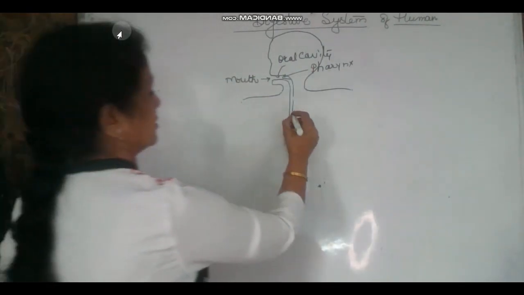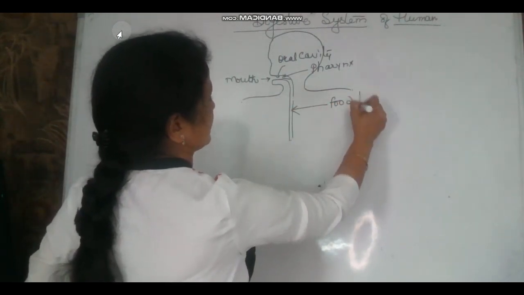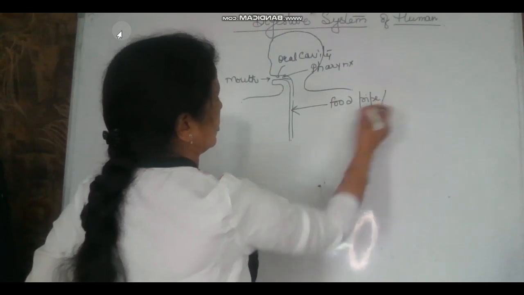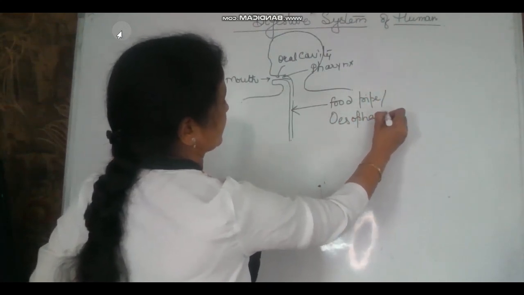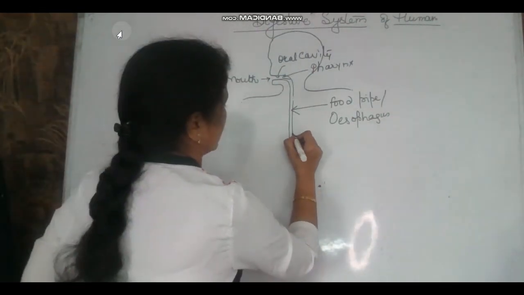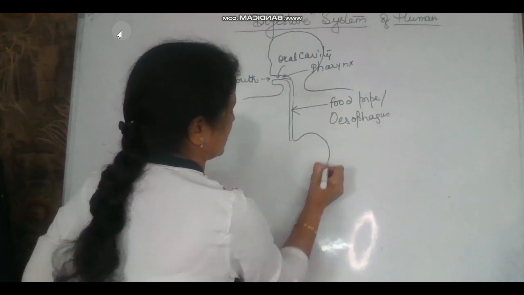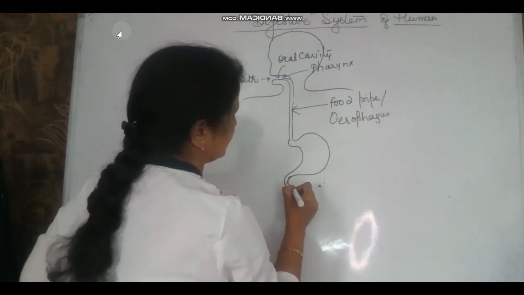Now this is the food pipe, or also called esophagus. Now this esophagus continues into a bag-like structure.